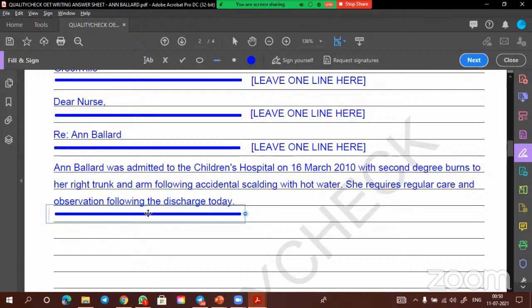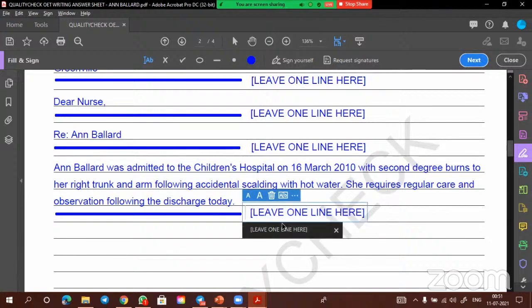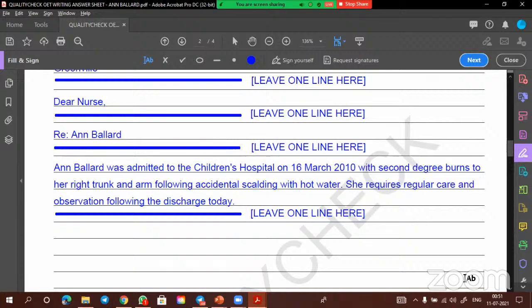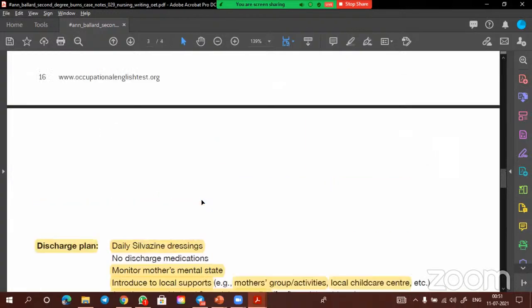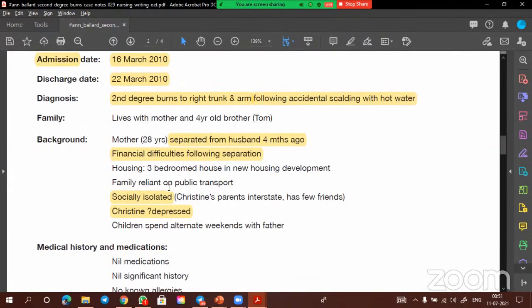Then again leave one line. Leave one line here. So this is how you are going to write. Now, one second. So discharge date is 22nd March.